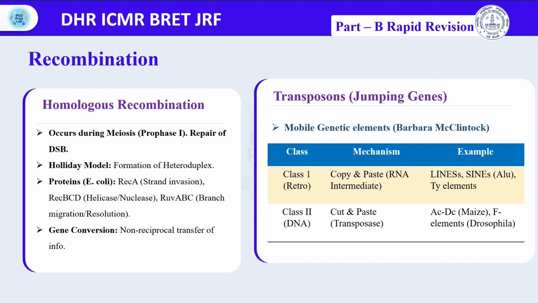Okay, so under homologous recombination, some other points that I want to mention. So basically, homologous recombination is what? It is a genetic process. In this, DNA strands are exchanged between two DNA molecules that share extensive sequence similarity, ensuring the DNA repair and obviously the DNA diversity occurs during meiosis prophase 1.